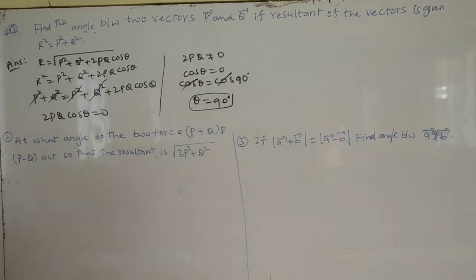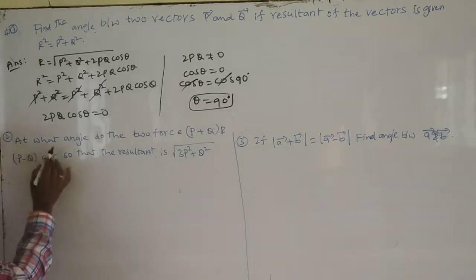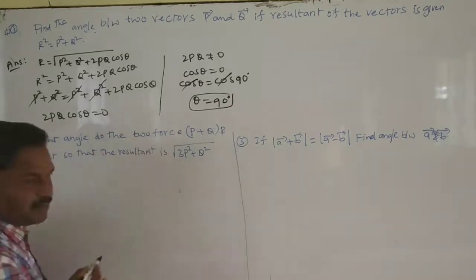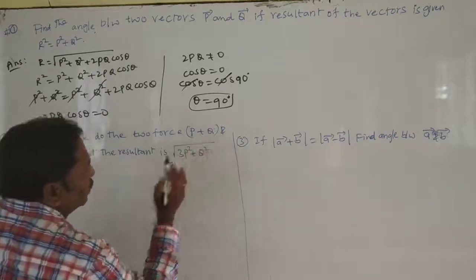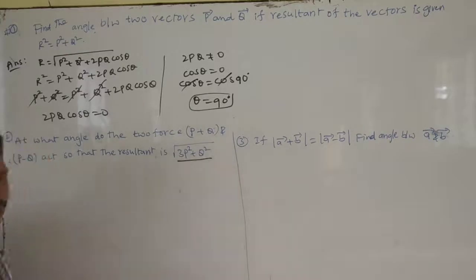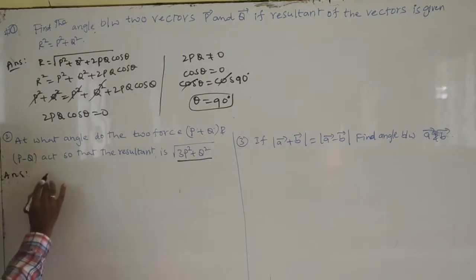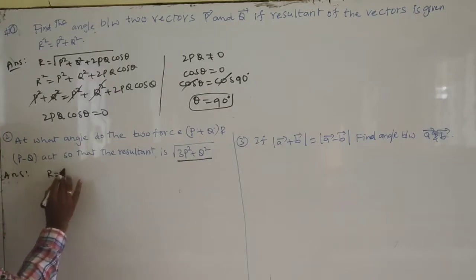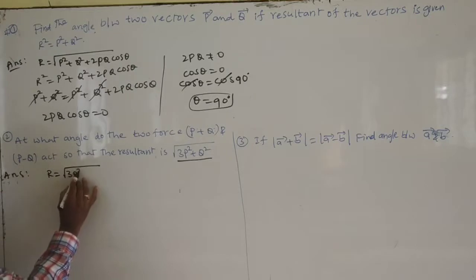Now, second problem. At what angle do the two forces P plus Q and P minus Q act so that the resultant is root over 3P square plus Q square? So, answer: resultant R equals to root over 3P square plus Q square.